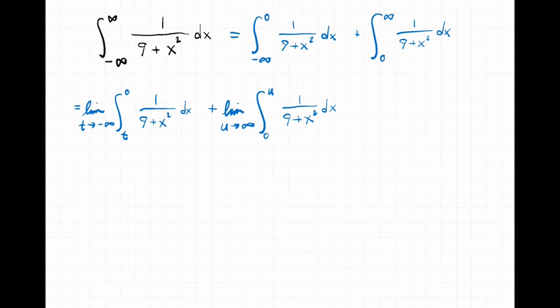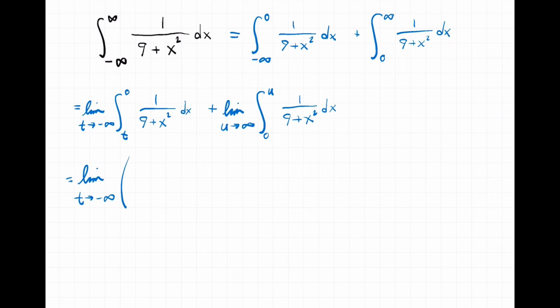Now, of course, it's the same function in both cases, so the integral solving should be pretty easy. You're going to have the limit as t goes to minus infinity of, see, 1 over 9 plus x squared. Well, 9 plus x squared is a sum of squares. We could use trig substitution here. But actually, we don't really need to even go that far, because we already have in our integral tables the antiderivative of a function of that form.